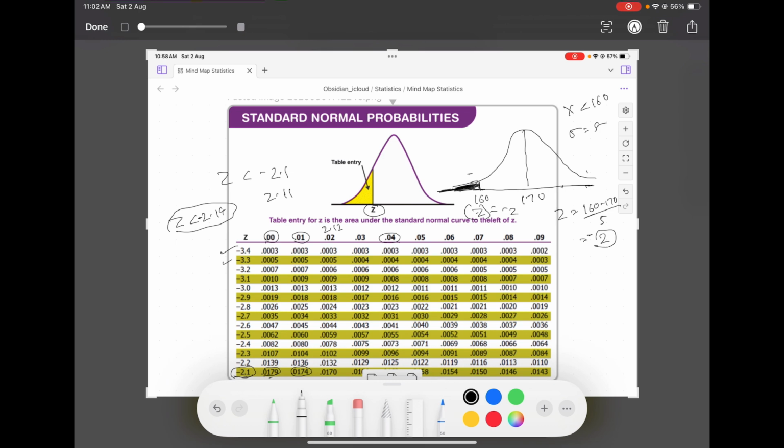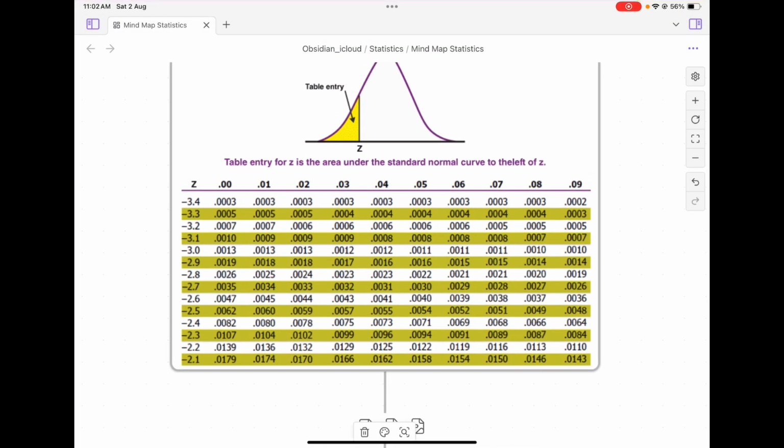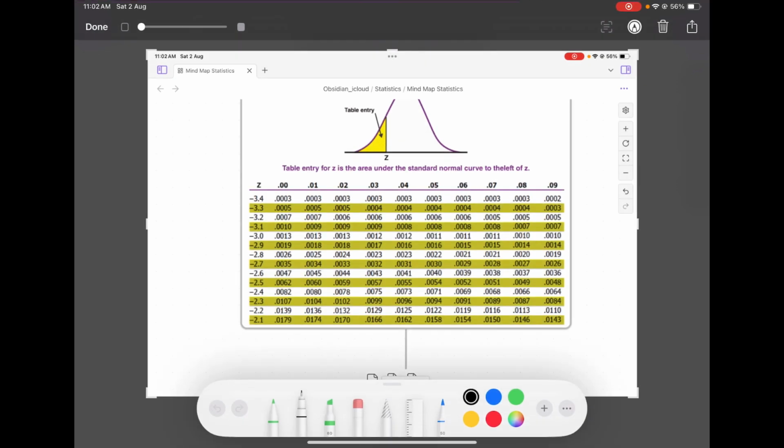The probability of Z less than minus 2.14 is 0.0162. This is comparatively very low.